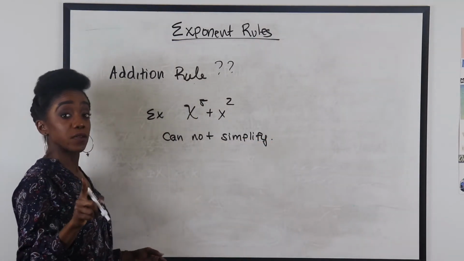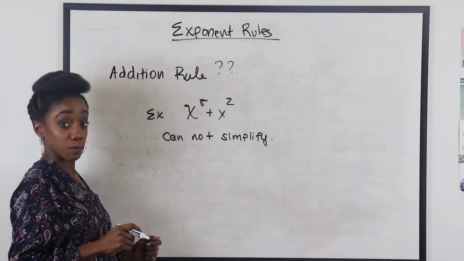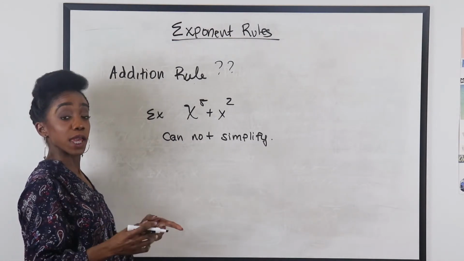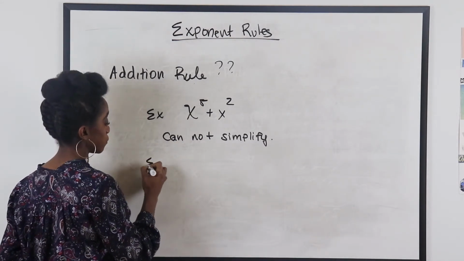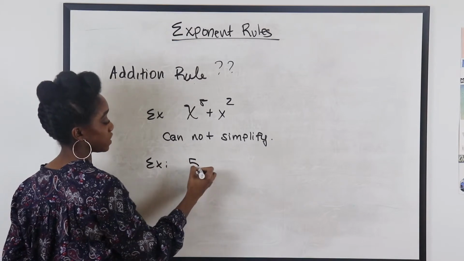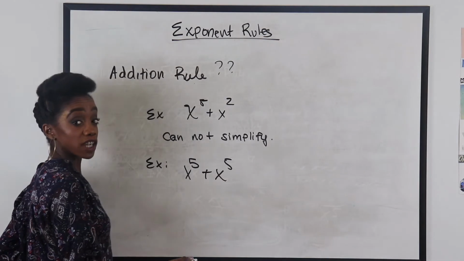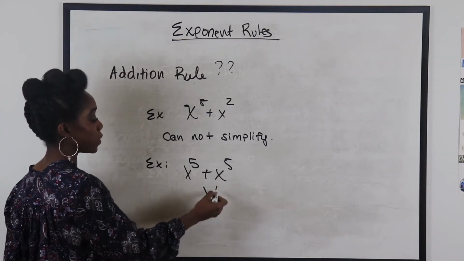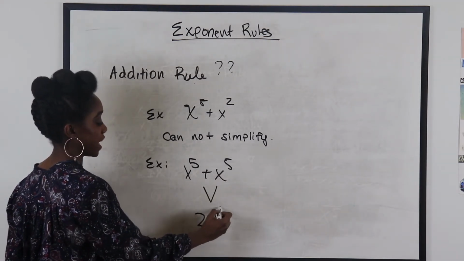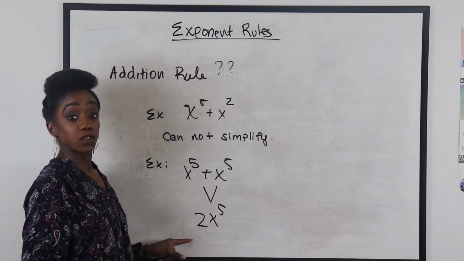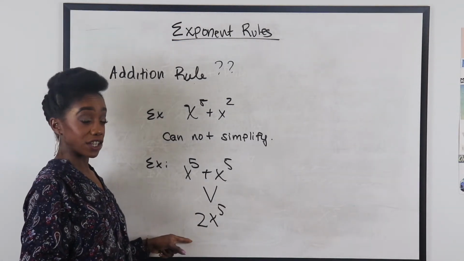But what you can simplify is if they have the same exponents. You can combine them. Say we have x to the fifth plus x to the fifth. Well, in this case, they combine to give us 2x to the fifth. That's when we're dealing with coefficients, so we're not there yet.